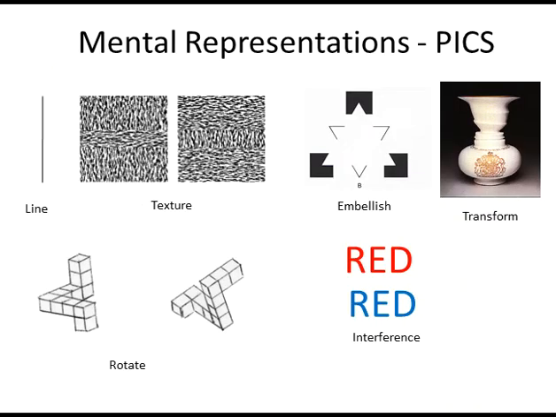So with mental representations, we see lines, we can see textures, we can embellish the things that we see, we can transform them by going back and forth like in the figure-ground, we can rotate them, and we also can see interference in our mental representations. When we see red and the color red, that makes sense for us, but we sort of hesitate when the color and the word are in conflict with each other.